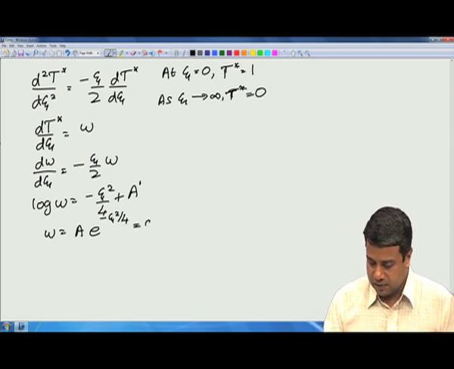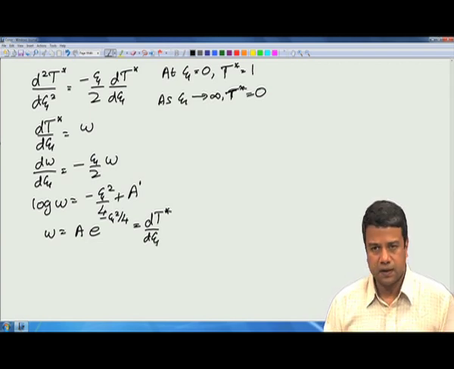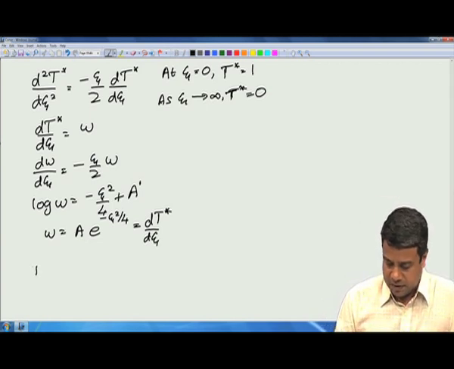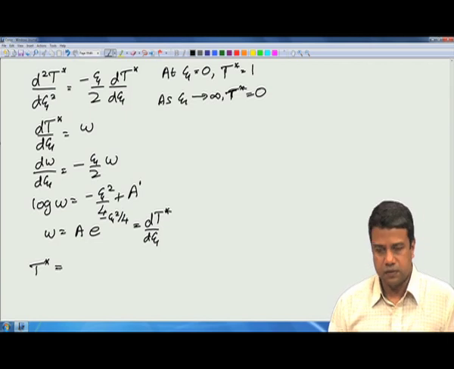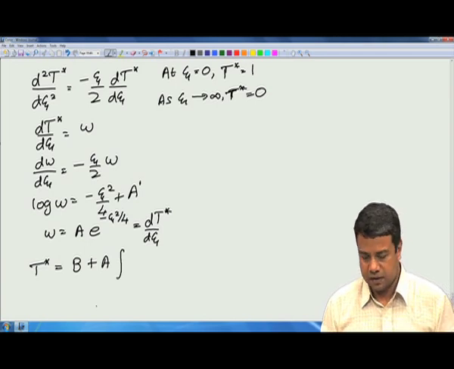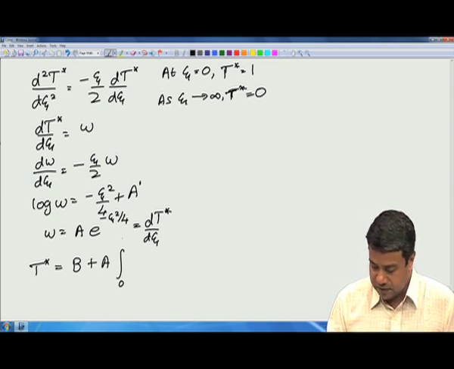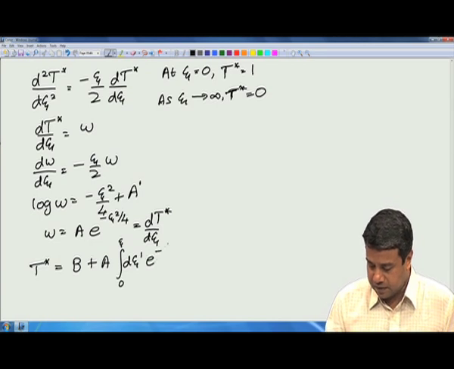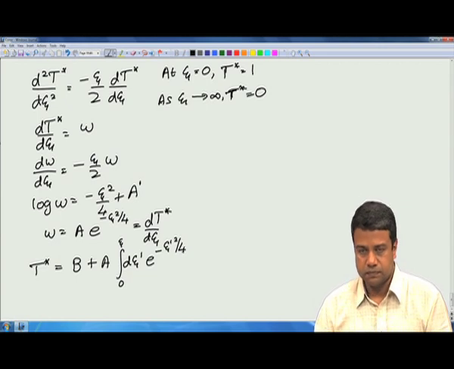and this is equal to dT star by d psi, which means that T star is equal to some constant b plus a integral. Note that I have to integrate psi, so I have to use a dummy variable, from 0 to psi d psi prime e power minus psi prime square by 4.